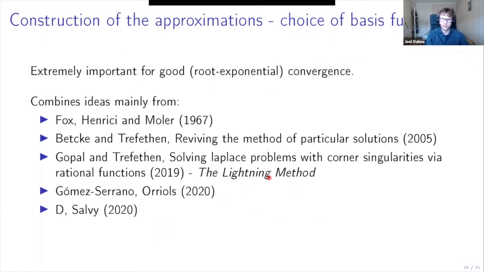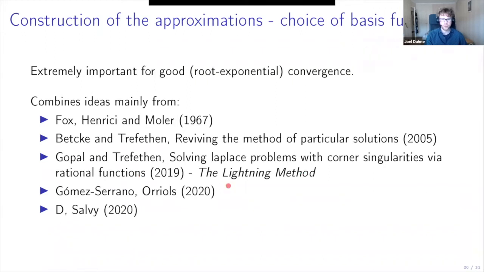But it turns out that how you choose these basis functions in your series is very important if you want to get good convergence, which in this case means root exponential convergence. So we combined ideas from Fox, Rich and Moller's original paper, Betcke and Trefethen's paper where they revive it, but also notably a much later paper by Trefethen about solving Laplace problems with corner singularities via rational functions.